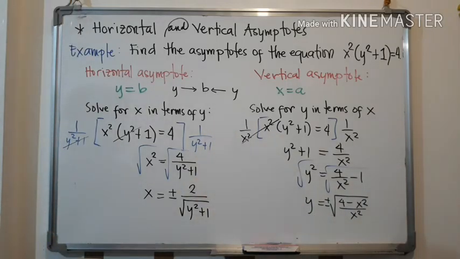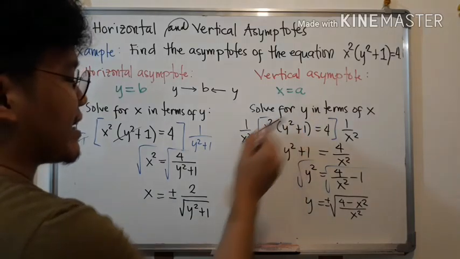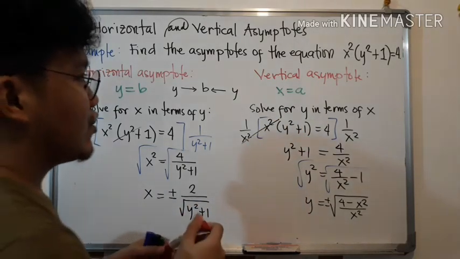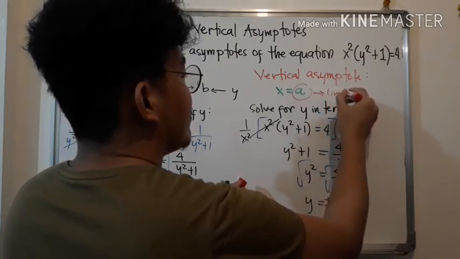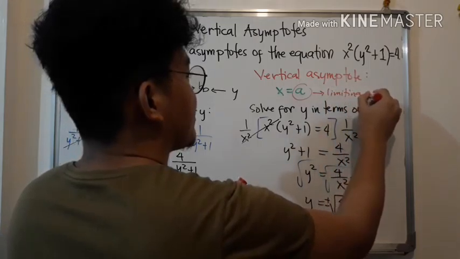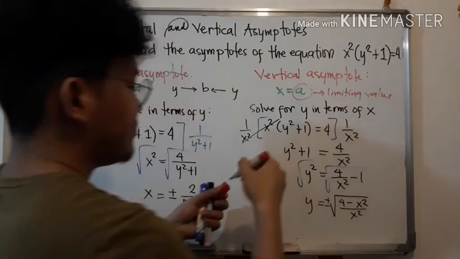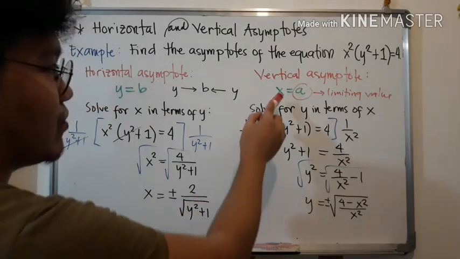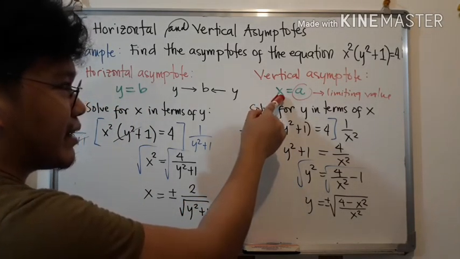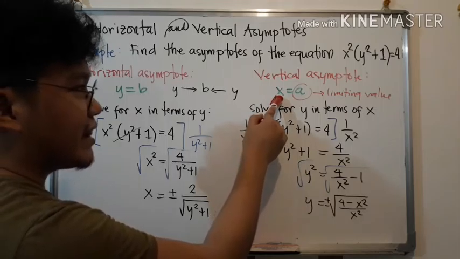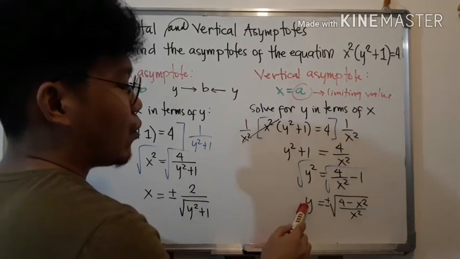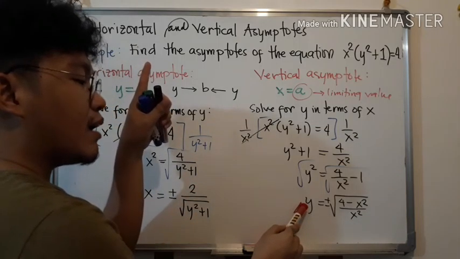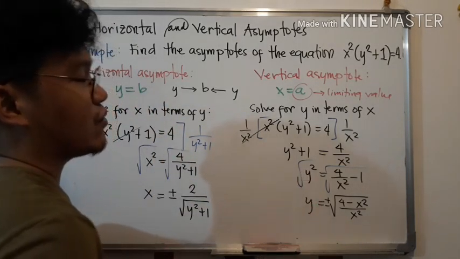Do we have a limiting value a? This is the limiting value being referred to. A is the limiting value of x. Meaning, as x approaches this limiting value, this constant a, y increases without bound or y decreases without bound.